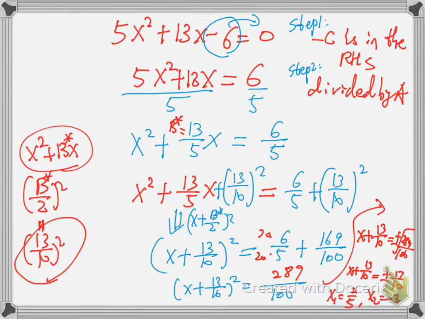And then we look at this whole equation like x squared plus b star x. So we add this constant, that's step 3. Step 4, we got a perfect square, right?